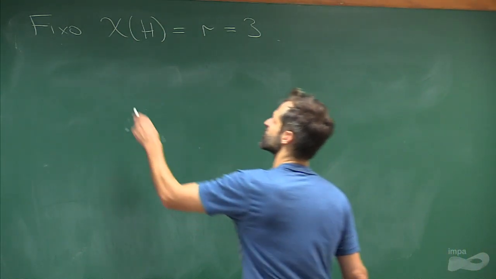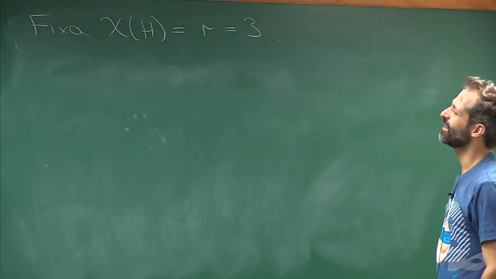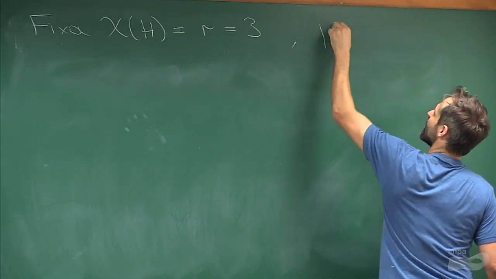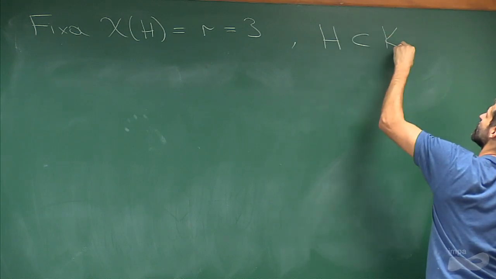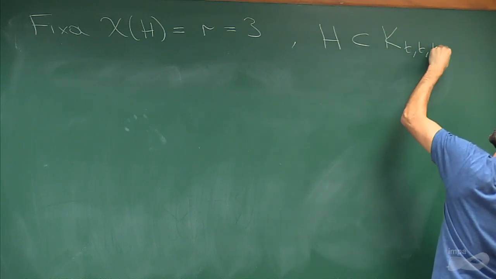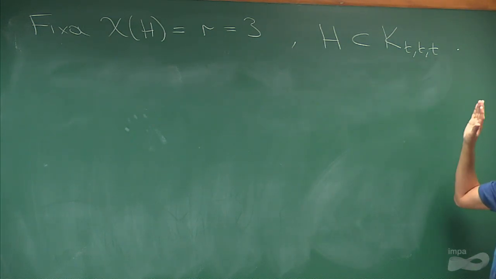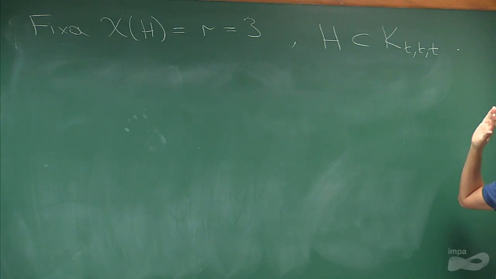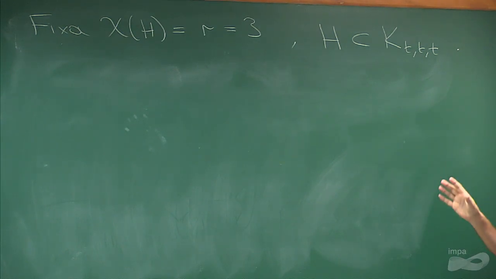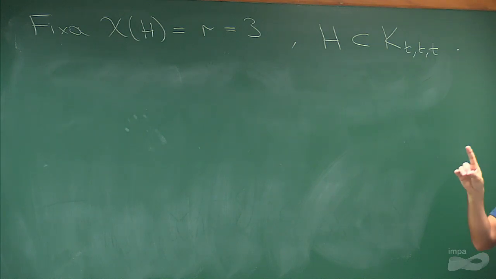Let's say, therefore, that H is contained in the graph K_{t,t,t} for some t. Let's just pick t such that this is true. Given any graph with chromatic number 3, there exists such a t, at most the number of vertices of H, just given by the coloring with 3 colors. You look confused, so I'd like either questions or nods.